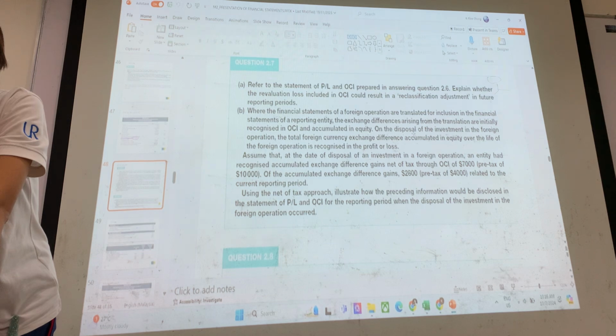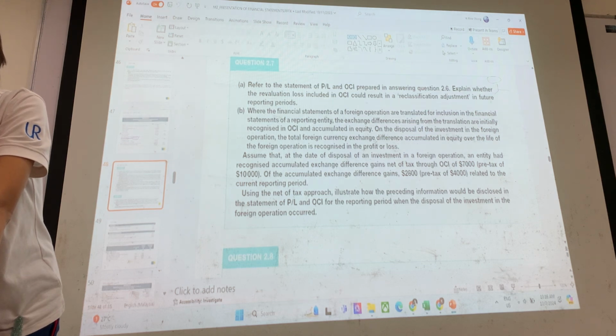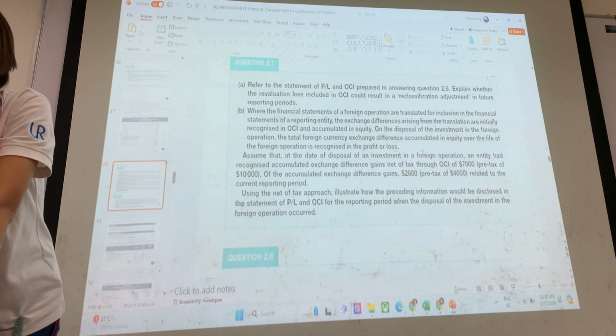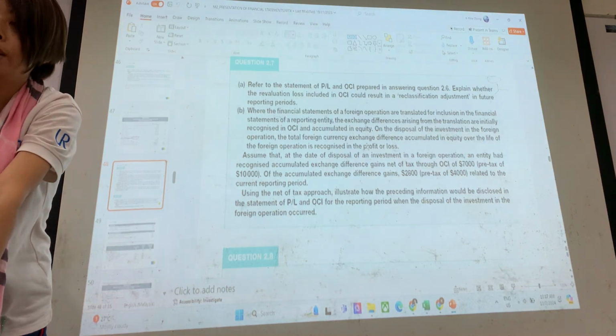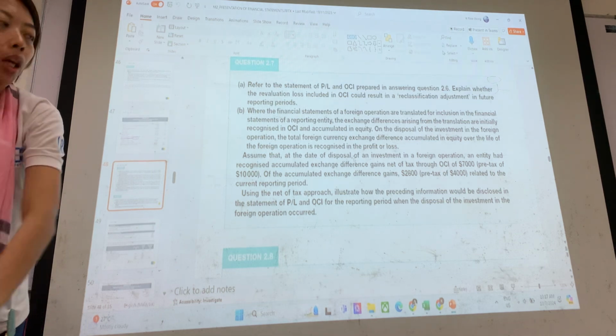So on the disposal of the investment in the foreign operation, we will have the total foreign currency exchange difference accumulated in equity over the life of the foreign operation, and it will be reclassified subsequently, right, to profit or loss. So we assume that finally today we dispose it.